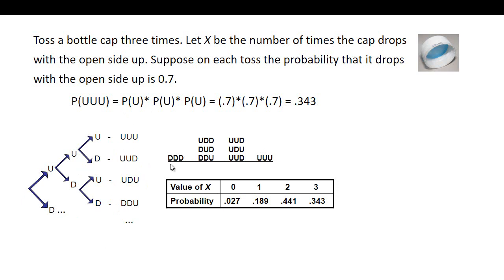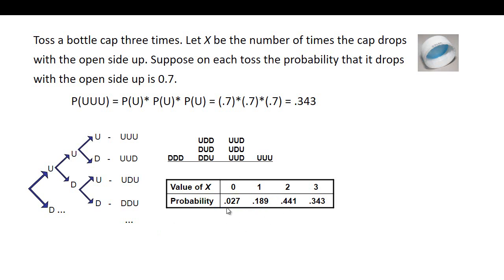So we might get the result where in all three tosses the open side is down. We can also have all three tosses giving us open side up, and then we have these other 6 possibilities. If I take x to be the number of times the open side is up, then x could be 0, 1, 2, or 3, and then the associated probabilities are given on the second row.